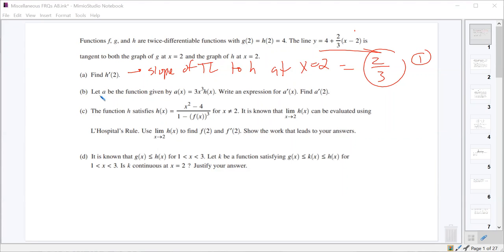All right, for B, they gave us a new function a of x, which is 3x cubed times h of x. We want to write an expression for a prime and then find a prime at 2. So a prime of x, how do we find a prime of x for a function that is 3x cubed times h of x?